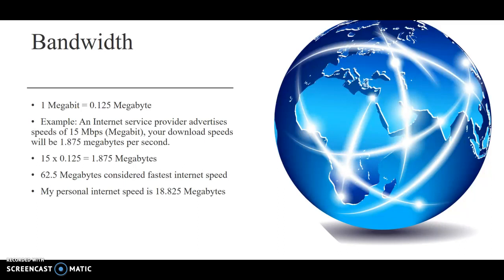So the equation is 15 times 0.125, and that will equal 1.875 megabytes. So currently, the fastest internet speed is 62.5 megabytes.